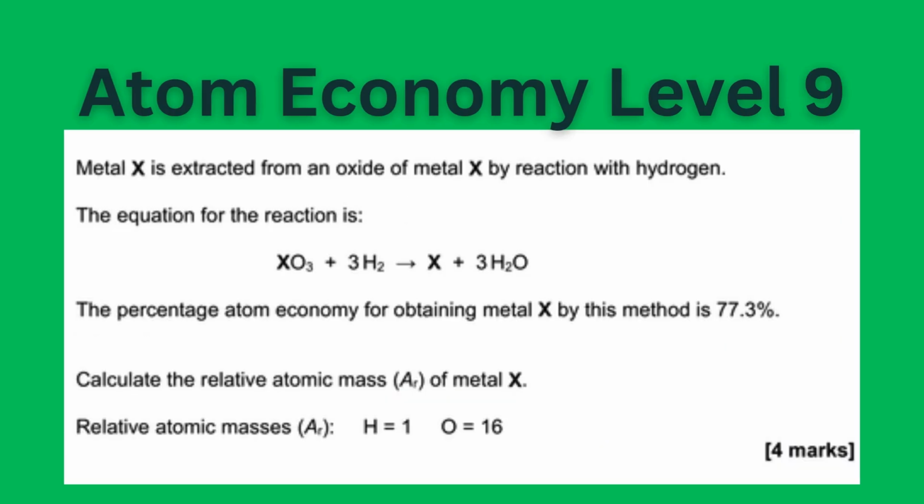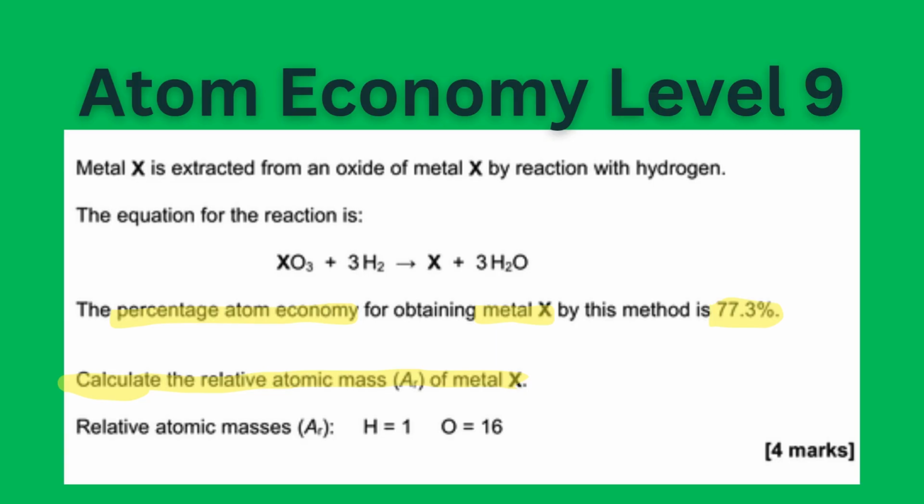Here is a more challenging Level 9 GCSE question, which does not just require a calculation of percentage atom economy, but some more advanced problem solving. We need to calculate the relative atomic mass of an unknown metal, X, given its percentage atom economy and the balanced symbol equation.